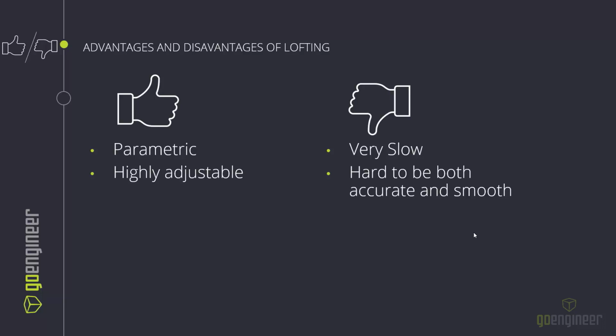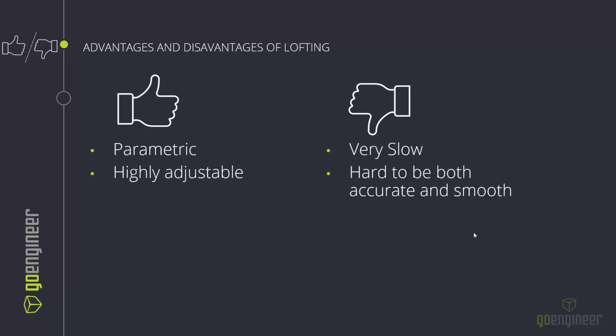Unfortunately, it also takes the most work. It's very slow. You have to create a bunch of different construction planes, create individual sketches on each plane, and then create your lofted section. Also, because of how lofts work, it's often difficult to have a result that is both accurate and smooth.